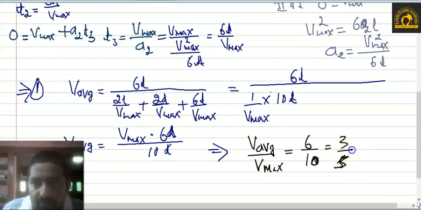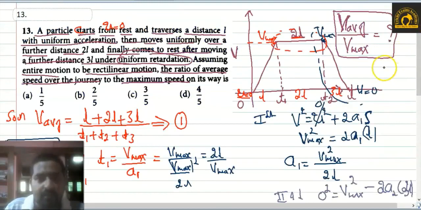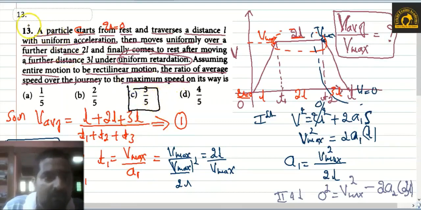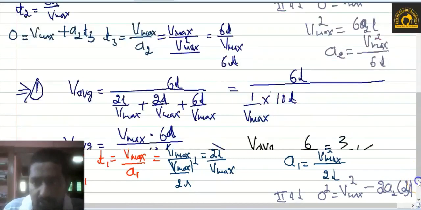So the answer is 3 by 5. Option C is the answer for the 13th question, with a good and very short-cut solution.